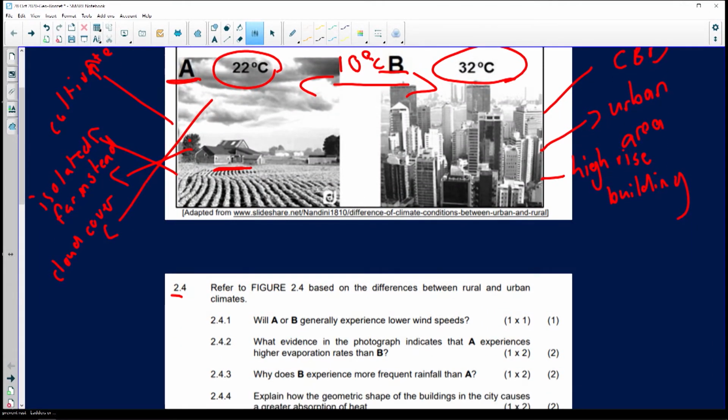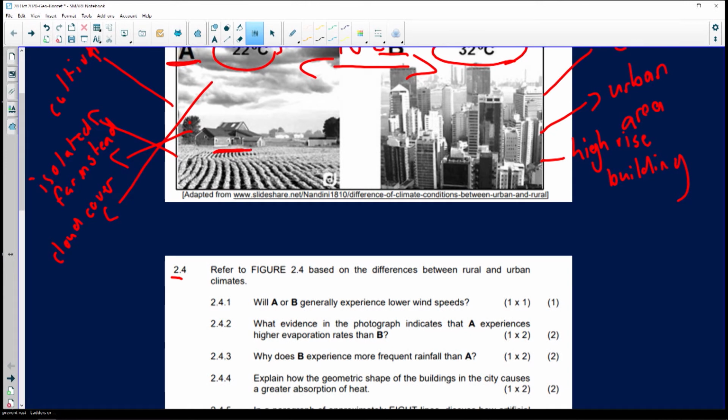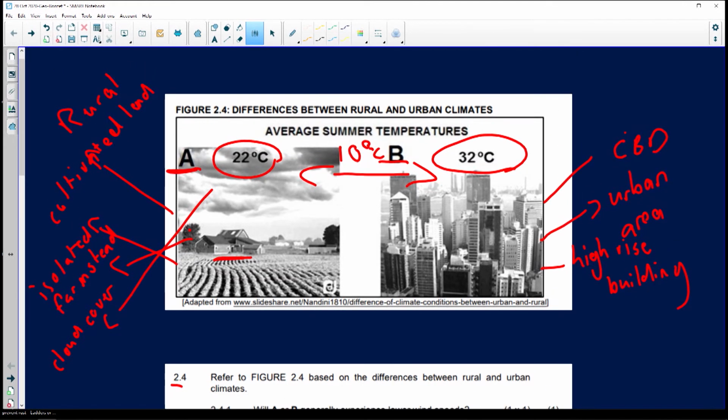But let's quickly have a look at the questions being asked. 2.4.1, the question states: will A or B generally experience lower wind speeds? If you look at B, it's covered with high-rise buildings, known as the CBD. These high-rise buildings will create friction.